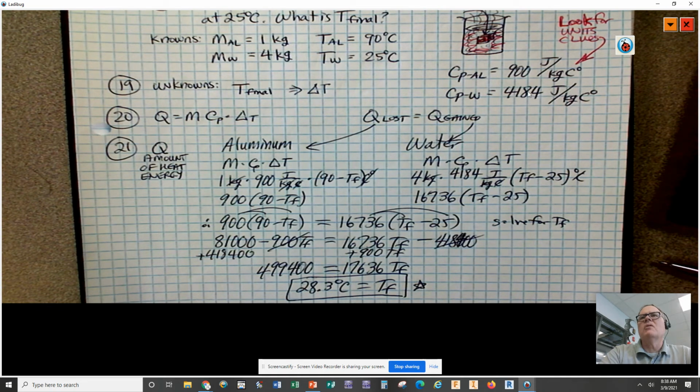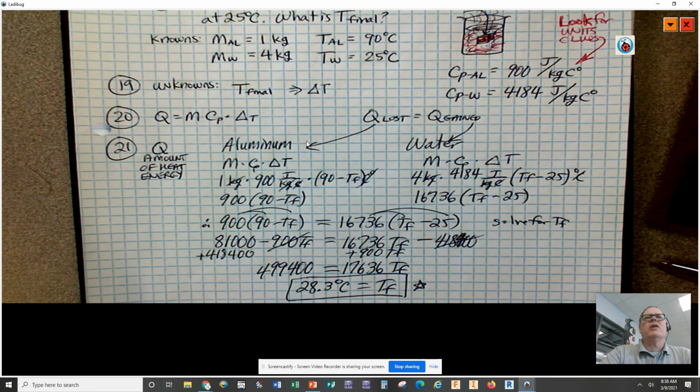But remember, water has a much higher specific heat capacity, so it takes a lot more energy to heat up water than it does to heat up aluminum. So the water's not going to turn 90 degrees. It's going to start getting hotter, but we've got to find what that final temperature is.